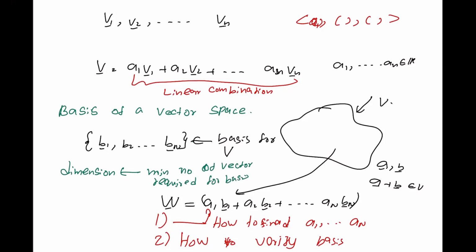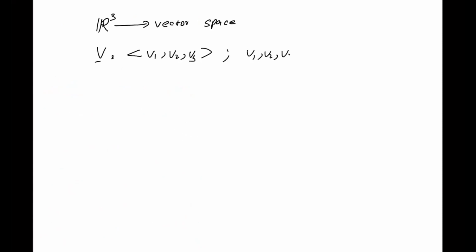Let me explain this using an example. Let's say I take my 3D vector space. You can denote a vector as V1, V2, and V3, where V1, V2, and V3 are real numbers. It means your vector has three components, and each component is a real number.